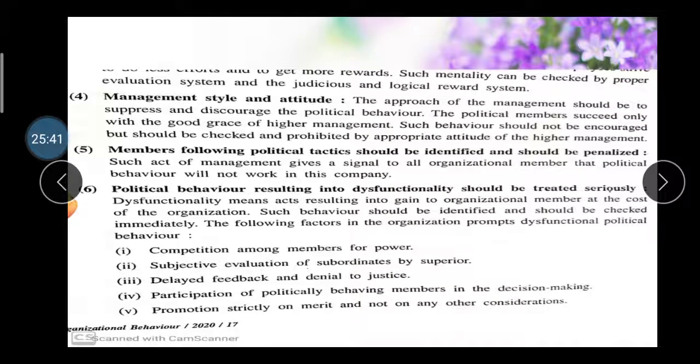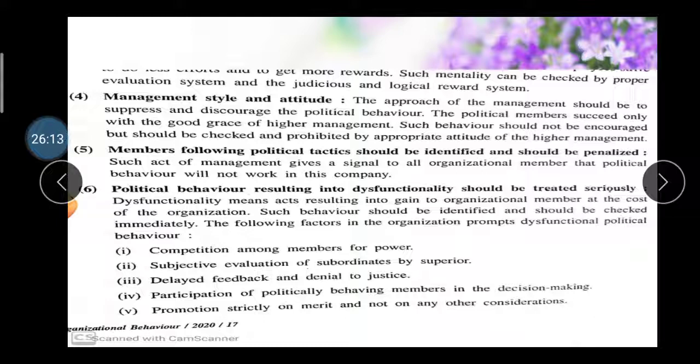Then political behavior and its resulting functions should be treated seriously. Various functions result in gains for some organization members at the cost of the organization. Such behavior should be identified and checked, and if you find this type of misbehavior in the organization, you have to act immediately so you can easily suppress it.